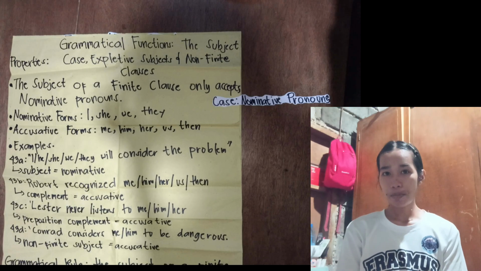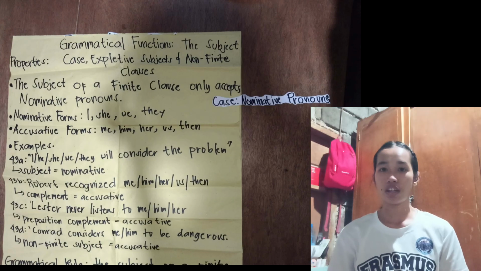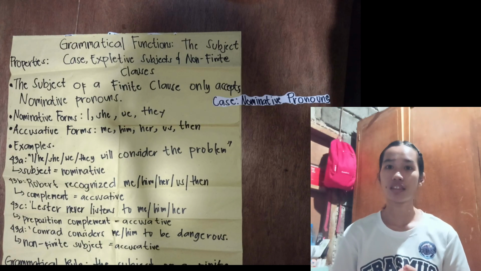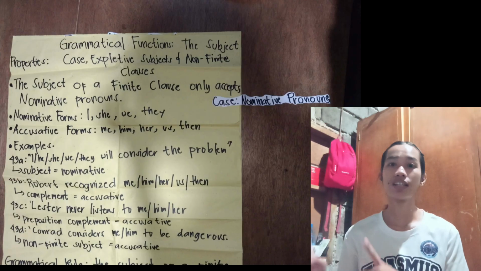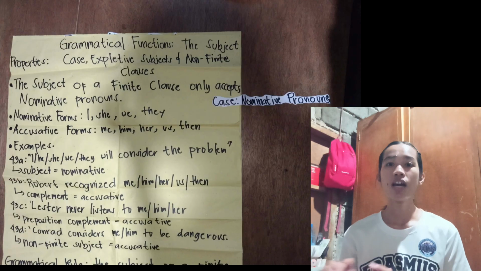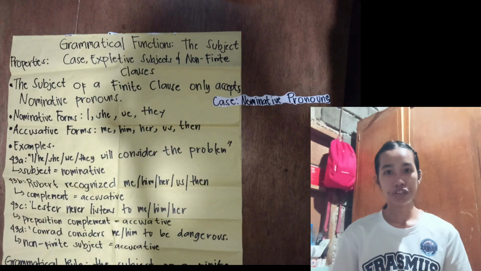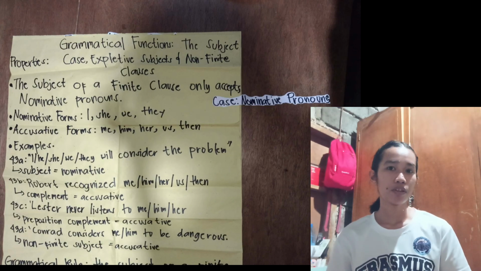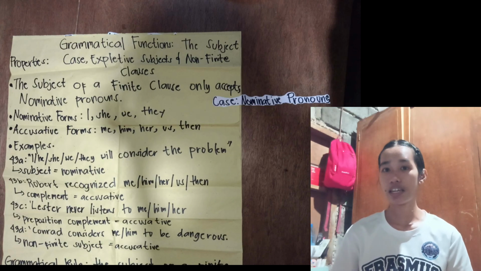The next grammatical property of the subject is case. In English, this is visible only on pronouns. The subject of a finite clause, that is, a clause with a tense verb, must use the nominative form of the pronoun. So we say, I will consider the problem, not me will consider the problem. Compare examples 43a through 43d in the book.